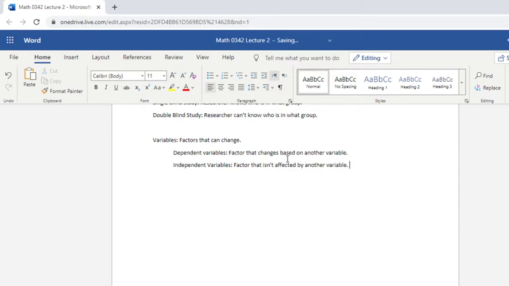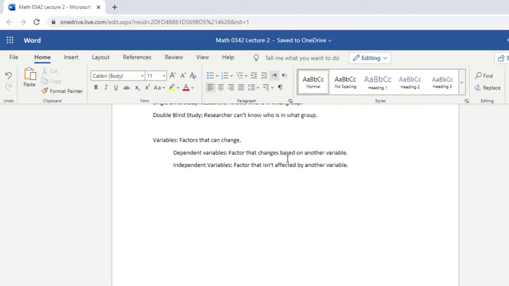So, for instance, your age. Your age isn't affected by other outside variables. Your age isn't affected by your genes. Your age isn't affected by your weight. Your age isn't affected by your height. It's independent. The only thing that does affect it is the fact that time moves.